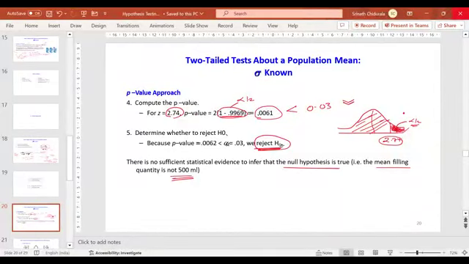Just understand, whenever the Z value is positive, I'll give you a tip here. Whenever the Z value is positive, it is falling on the right-hand side of the mean. For the Z value, the mean is equal to 0 and standard deviation is equal to 1. So whenever the Z value is positive, we are talking about the right hand side region. Whenever the Z is negative, we are talking about the left hand side.